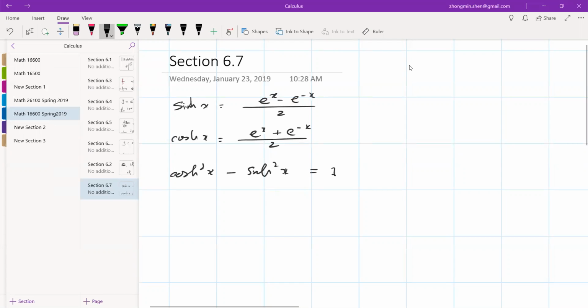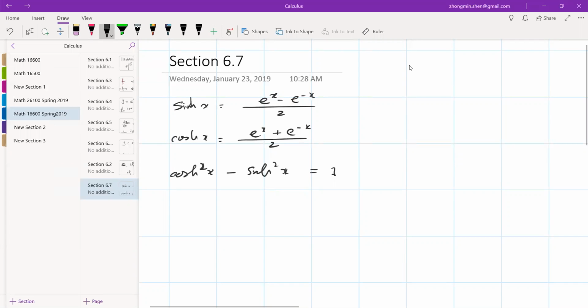Okay, so that's minus. It's easy to verify. You just need to square it, and then lots of terms will be cancelled out, and so you will get 1.